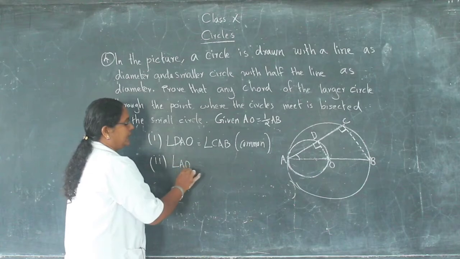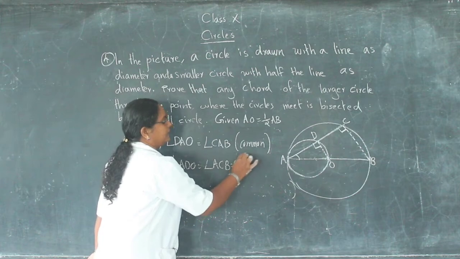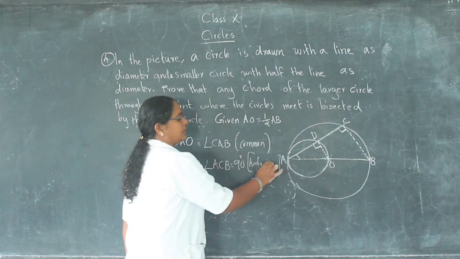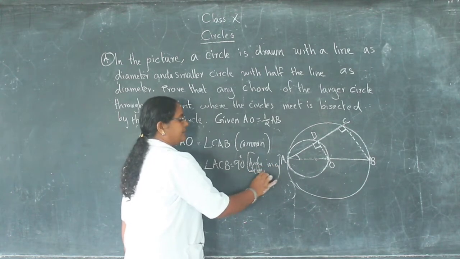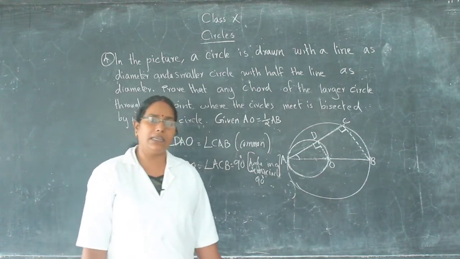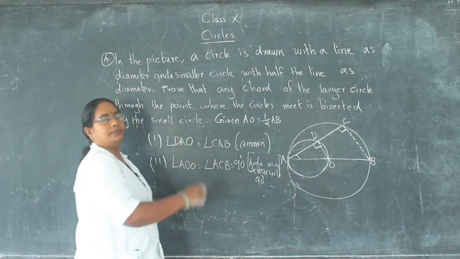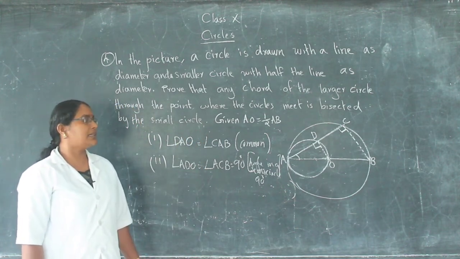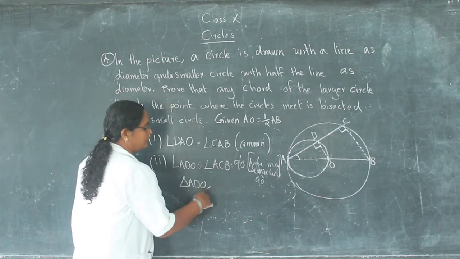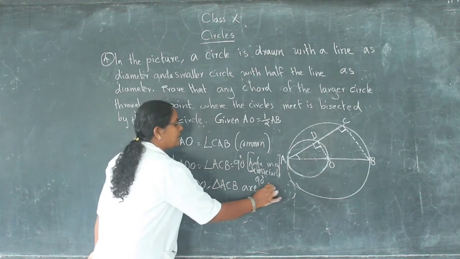Angle ADO equals angle ACB, reason: 90 degrees. You proved already that the angle in a semicircle is 90 degrees. Two angles are equal, so the triangles are similar. Triangle ADO and triangle ACB are similar.